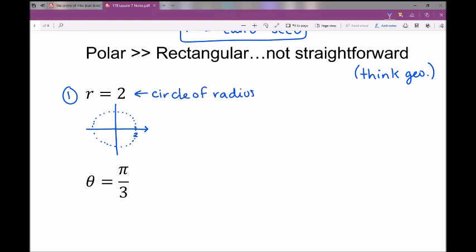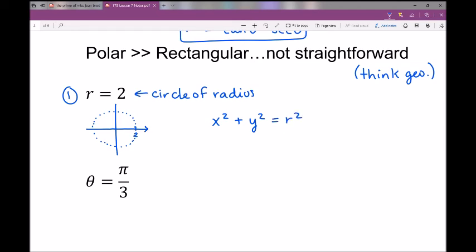As I said, some equations look a lot nicer. To me, r equals 2 looks a lot nicer than the x squared plus y squared equation that you would see in rectangular coordinates. That's why polar coordinates can be very handy. Now, if we want to translate this back, we need to think about the general equation of a circle. A circle centered at the origin is x squared plus y squared equal to r squared.